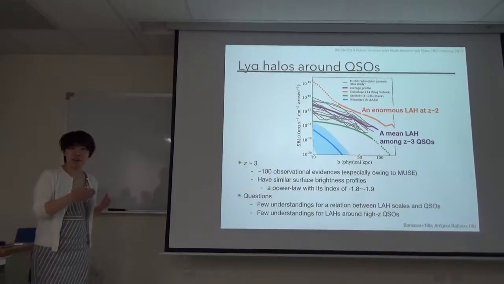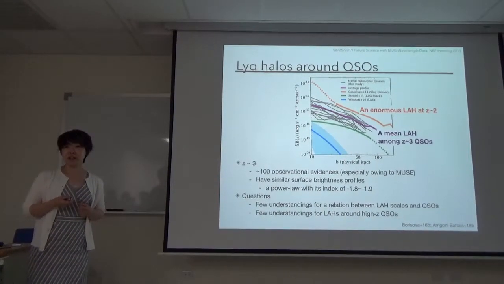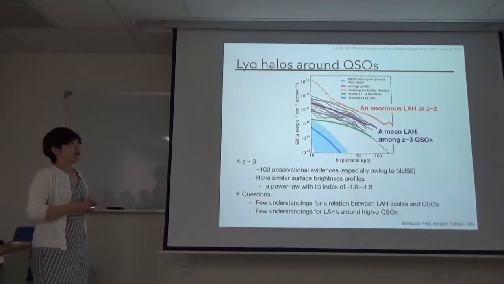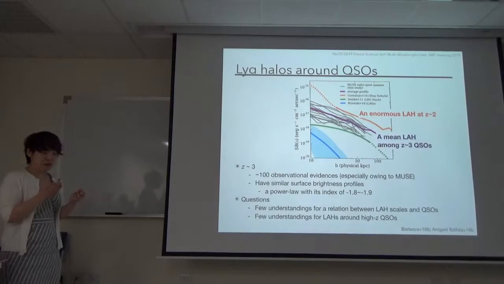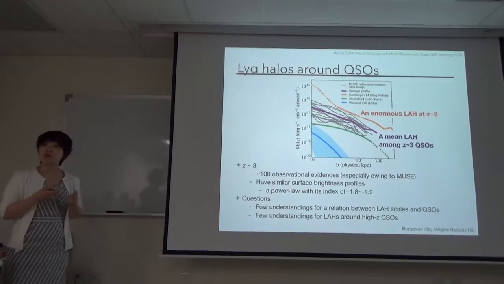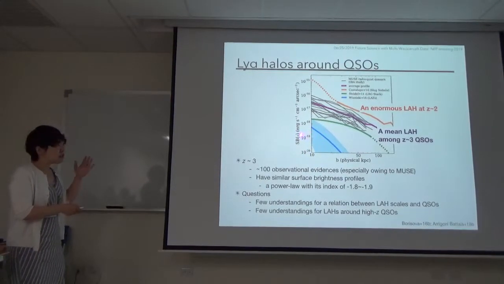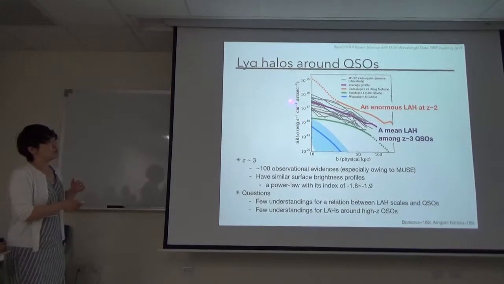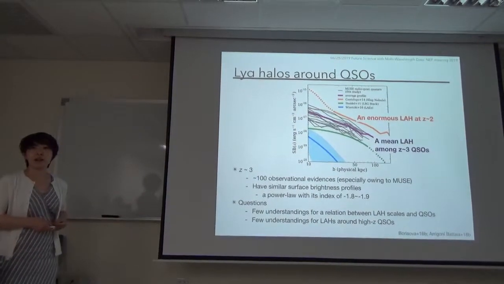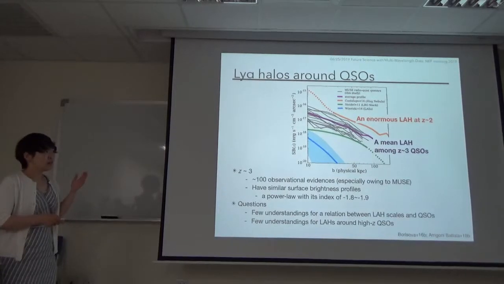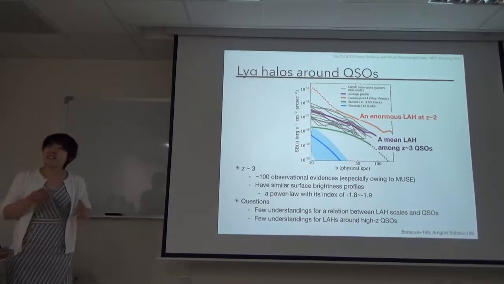In star-forming galaxies, Lyman alpha halos probably originate from scattered Lyman alpha photons, and even with only scattered light we still detect the halo. Of course, the brightness is maybe 2 orders of magnitude fainter than quasars, but we can still detect it. So that can be one possibility, but actually that's still puzzling.